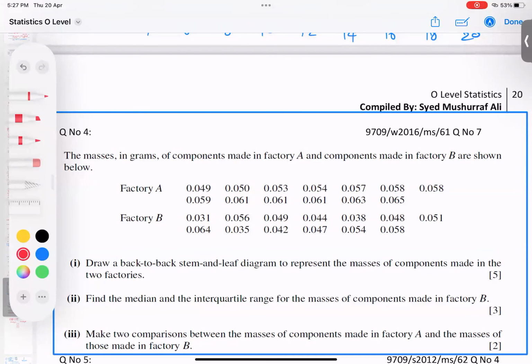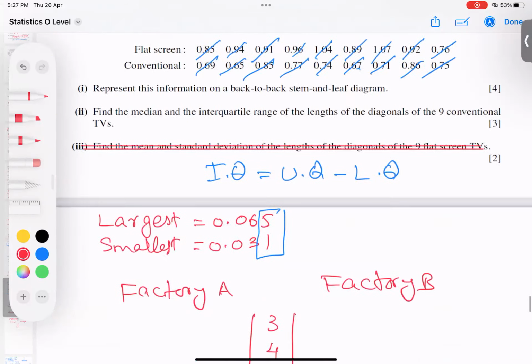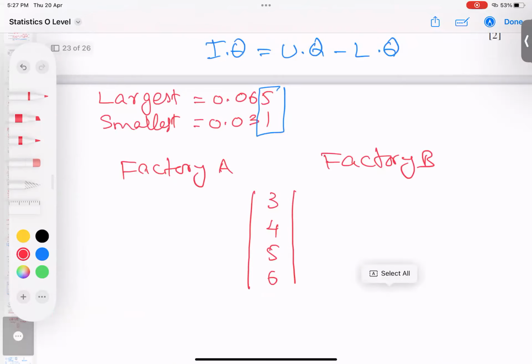Let's count the smallest number in factory A. The smallest number I'm getting is 0.49. Let me check if anything is smaller than 4, even. No, all are bigger than 4.9. So I'm writing 0.4, 4 is already there, and for factory A, 9 I'm writing here.